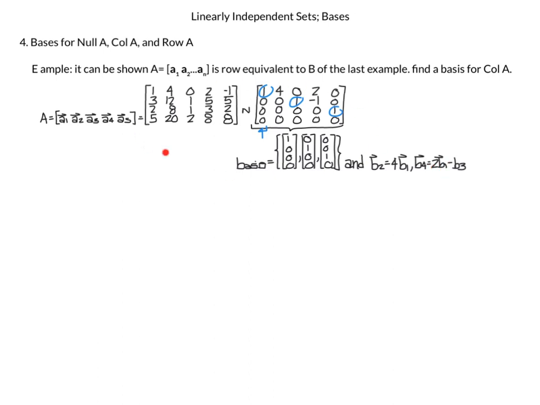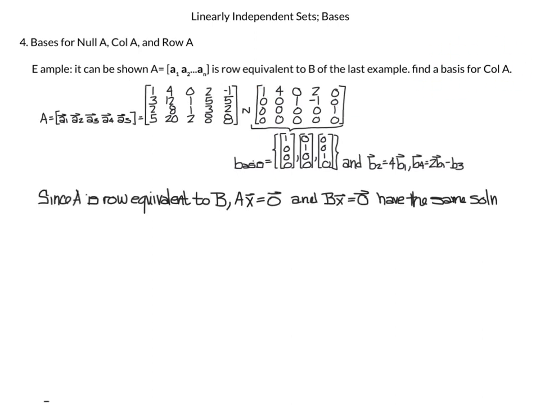So this is our background information, and now we want to find a basis for the column space of A. Of course, we could just find a basis for the column space of A directly, but the idea is to relate these two. And since A is row equivalent to B, what that means is the matrix equations AX equals 0 and BX equals 0 have the same solution.